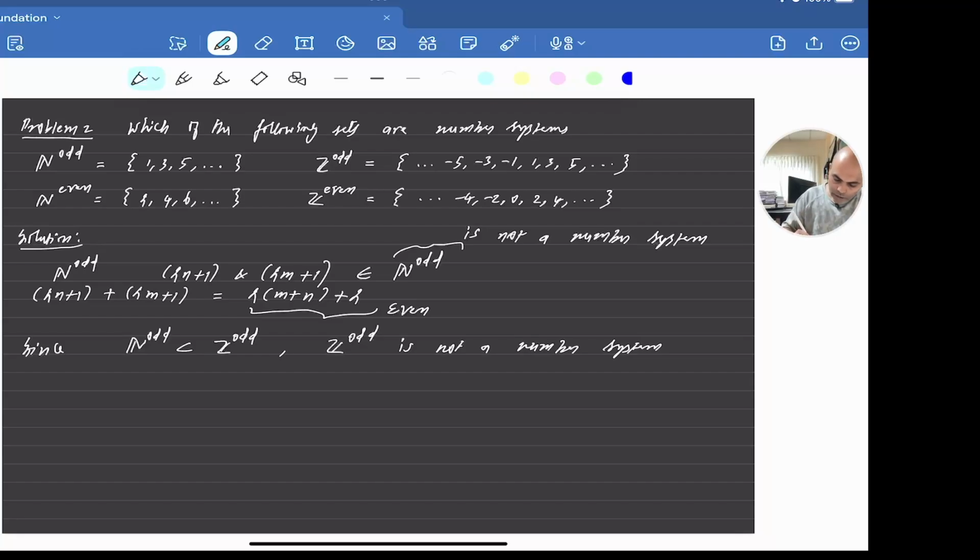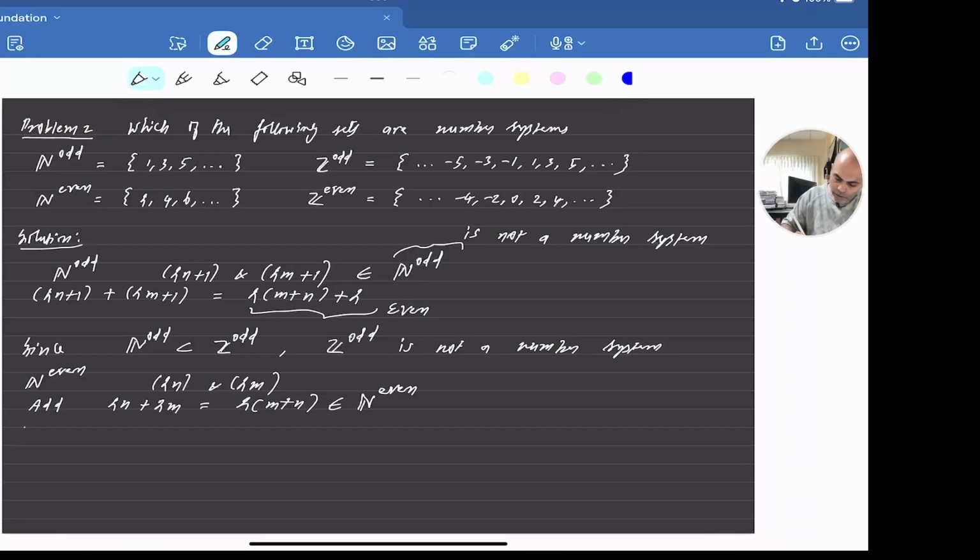Now let's take the other case, N even. For example, these are two numbers, 2n and 2m, and if we add them, 2n plus 2m, you get 2 times n plus m or m plus n, which is also in the same set, N even.